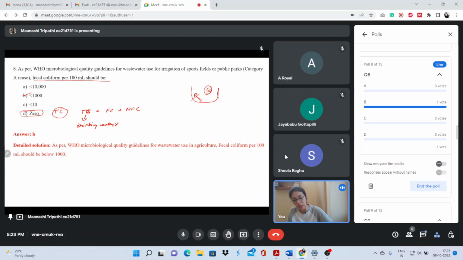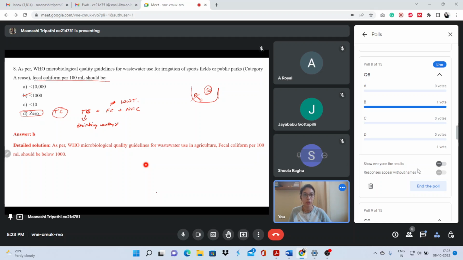And if we are talking about fecal coliform only, it is the indicator which we use for wastewater treatment. So in drinking water, we want total coliform to be 0, not only fecal coliform.